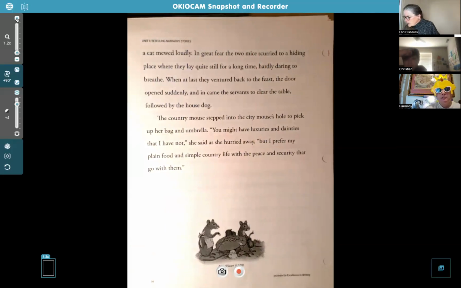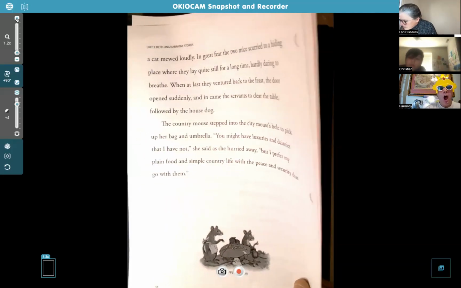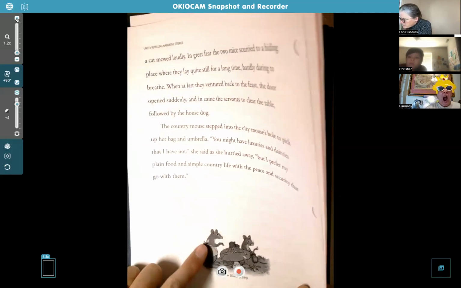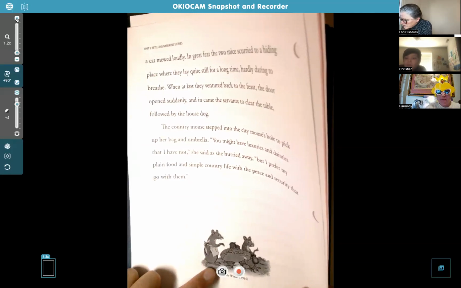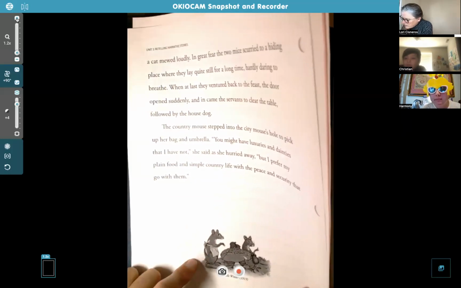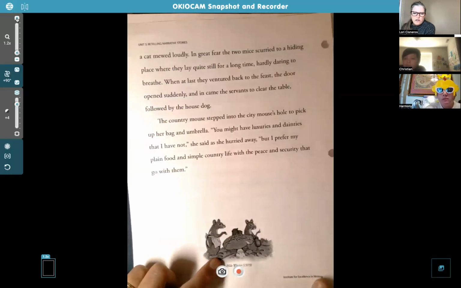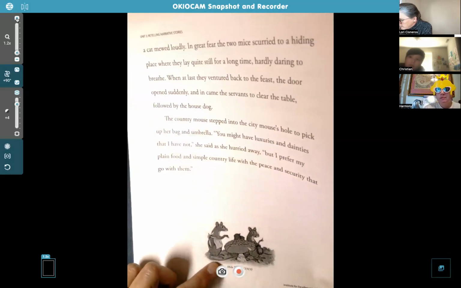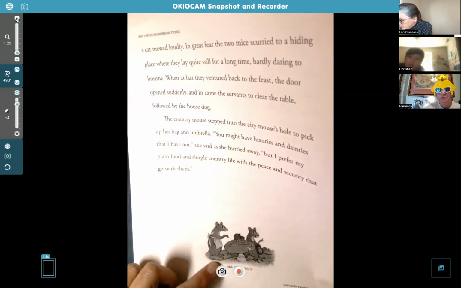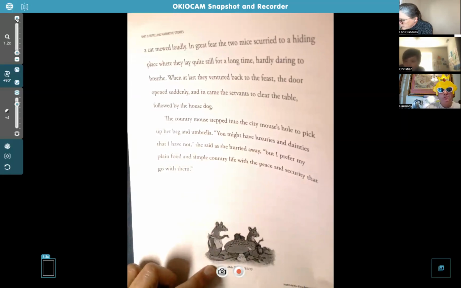And then there's a cute little picture here. And I don't know which would be the country and I'm thinking maybe this one's the country mouse. She's got a little apron on. Yeah, because she's the one. I'm thinking that's the country mouse. What do you guys think? And then that's the city mouse there with the bag. Because she is serving the city mouse, but she's standing.